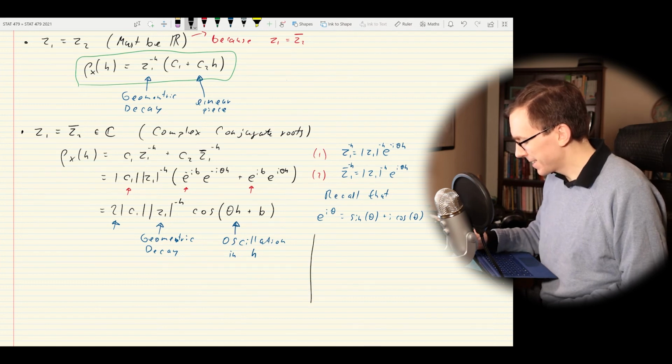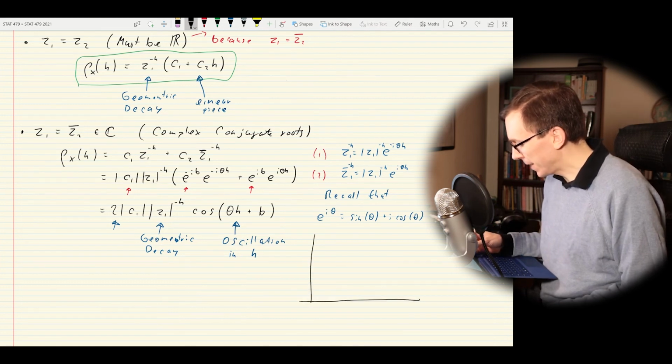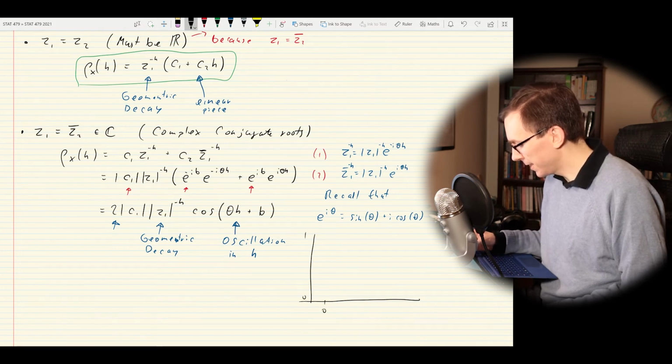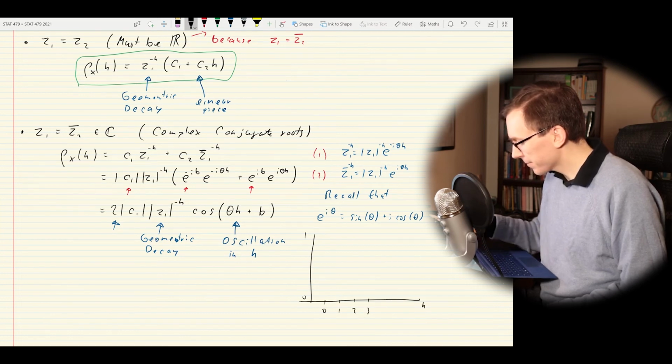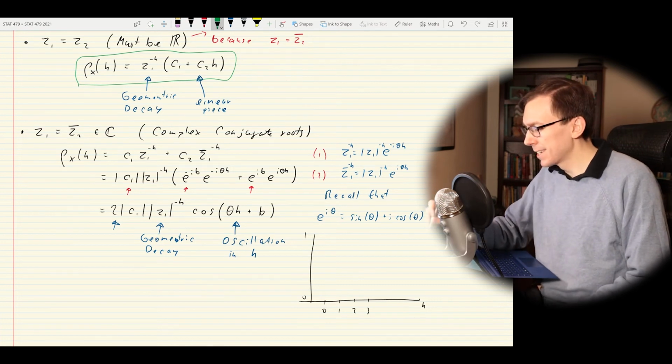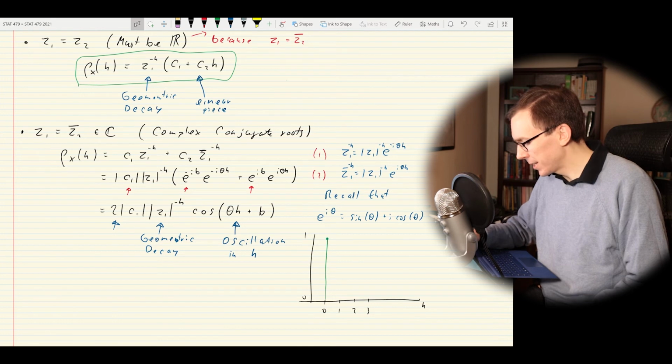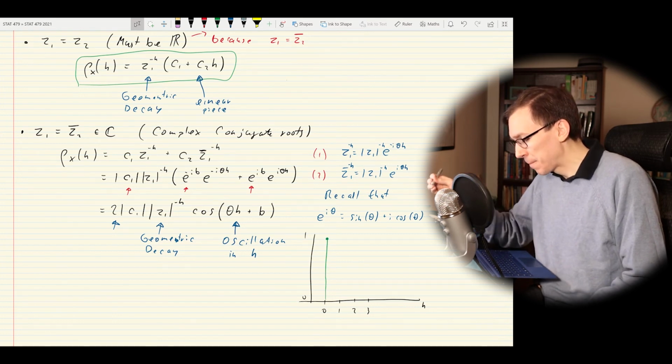What it means is that if we have complex conjugate roots, what's that going to look like? Let's say 0, 1, 2, 3. Well, we're still going to have an autocorrelation of 1 at lag 0.